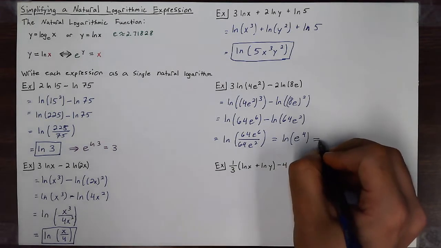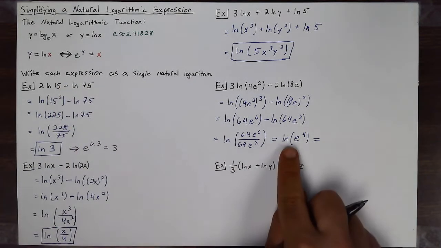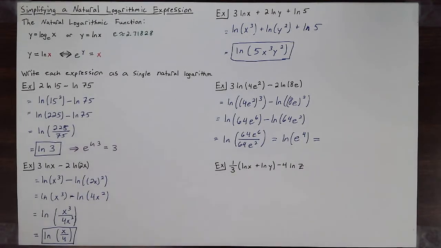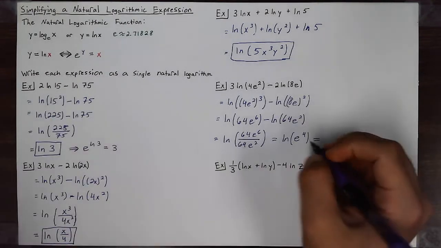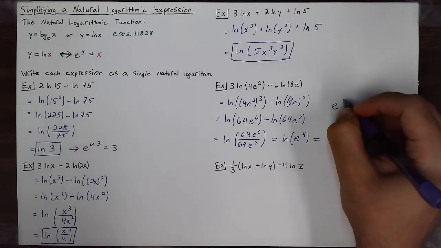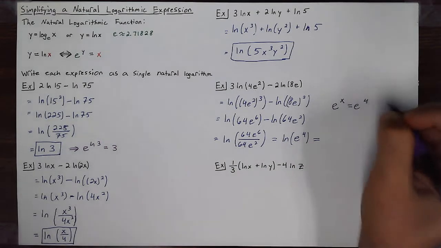Now, what is the natural log of e to the 4th? If we were to read this expression, this number is equal to the power you raise e to, to get e to the 4th. Now, what power would that be?